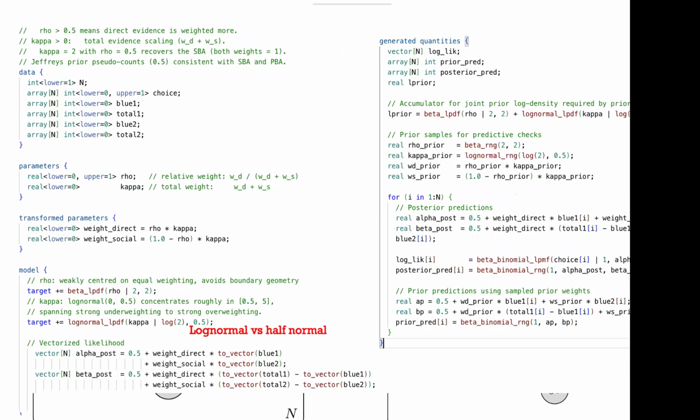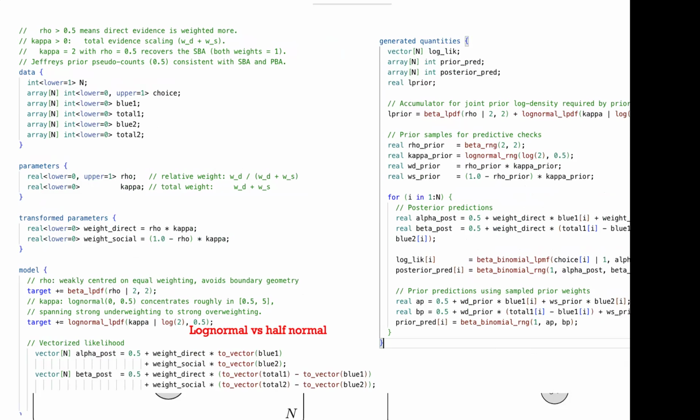So the reparameterized weighted base, again, has no changes in the data. When we look at the parameters, we have rho and kappa. Right?